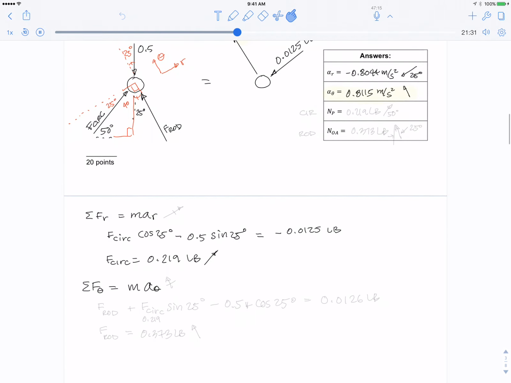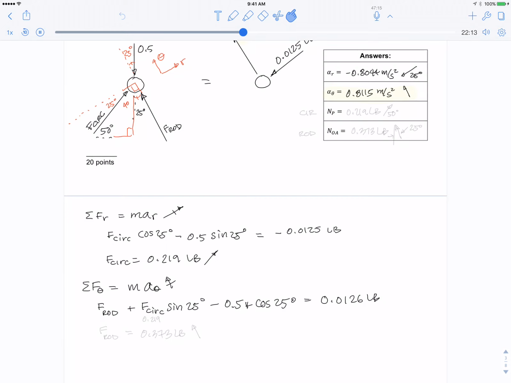Okay, then once I knew that, I did sum of forces in the theta direction is mass times a theta. And so doing that, you have the force in the rod, taking that way as positive. And when we did the radius one, that was positive. So taking counterclockwise as positive, as always, you get the force of the rod plus the force of the circle, which we already just solved for, sine 25 degrees, minus the weight, 0.5 pounds, times cosine 25 degrees, equals 0.0126 pounds.